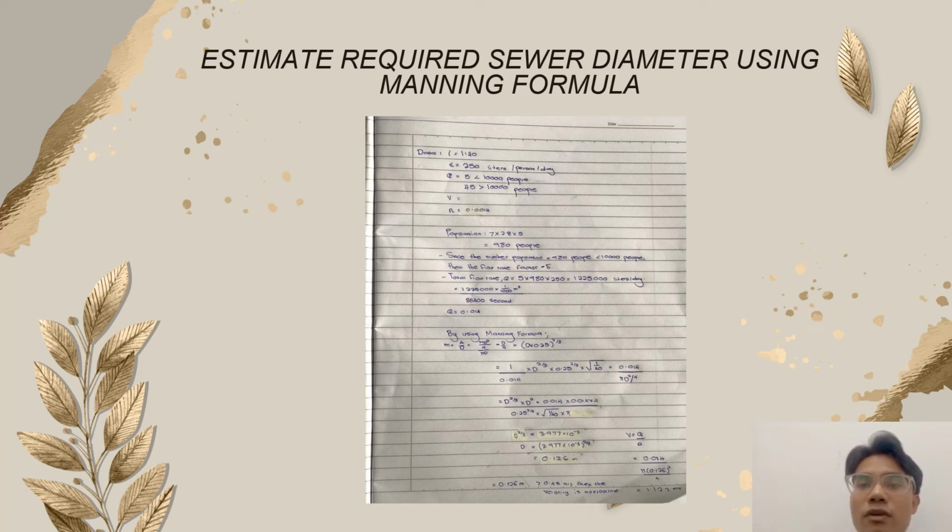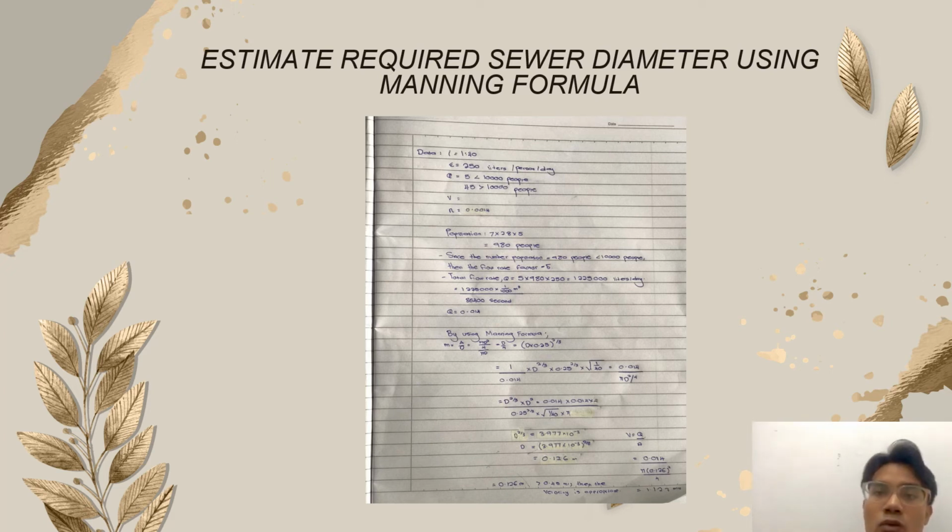By using Manning's formula, we can get the total diameter of sewer required. The formula is 1 over 0.014 multiplied by d power 2 over 3 multiplied by 0.25 power 2 over 3 and square root 1 over 40 equal to 0.014 over pi d power 2 over 4.